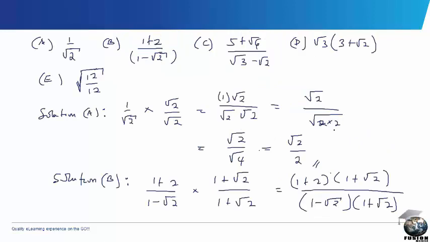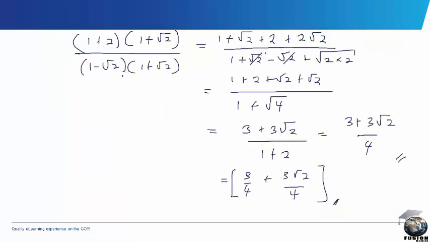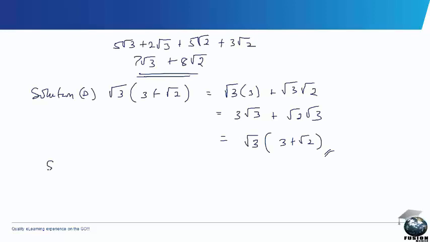We have square root of 12 over 121. Let's try to simplify this and see what happens. Remember the rule of square roots, that for solution E, we have the square root of 12 over 121.